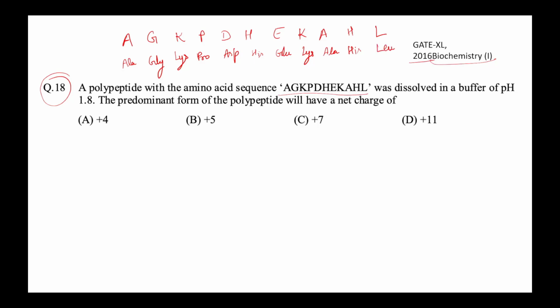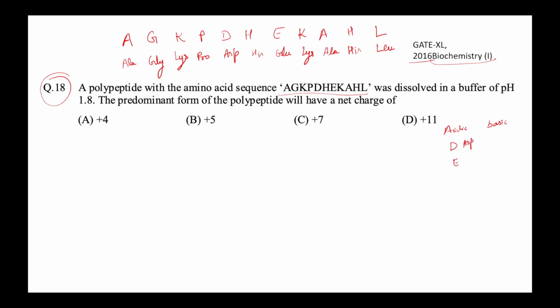Out of these, you should also know which are the positively charged and negatively charged amino acids. Very simple, you should know the acidic and basic amino acids. In the acidic we have two amino acids, which are aspartate and glutamate.